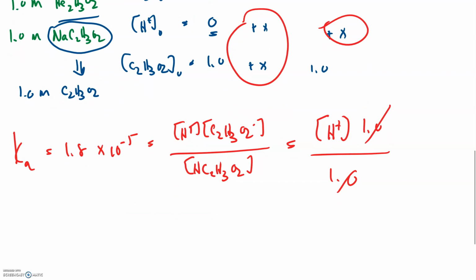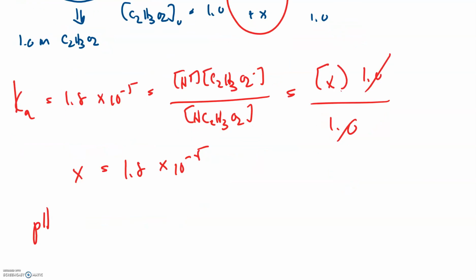Now, they won't always. You might actually have to solve for X. But this guy right here, this being X, that's easy enough to solve. X equals 1.8 times 10 to the negative fifth. Even if these were different, you could just solve for X like we normally do. So what's the pH? Now, we said that a buffer is supposed to resist changes in pH.